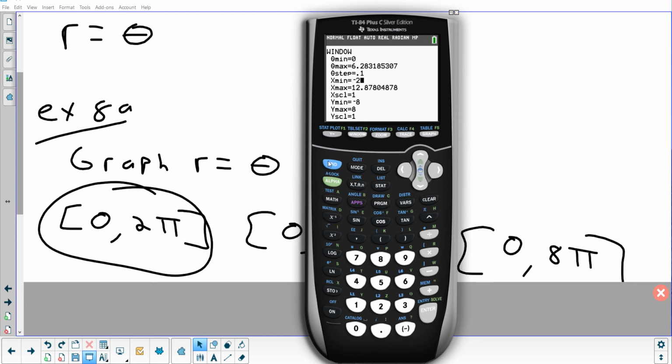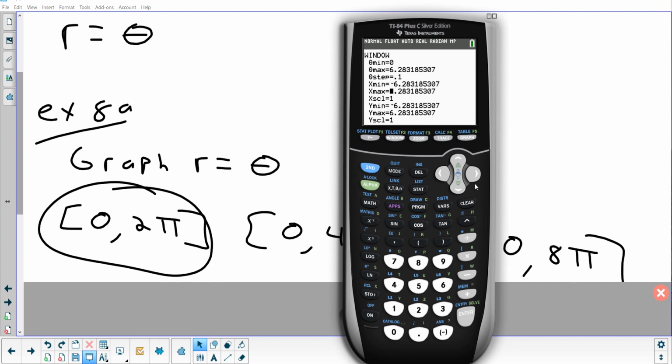So let's do negative 2 pi to 2 pi, negative 2 pi to 2 pi. I do need to set my parameters, what do they want? 0 to 2 pi on the first one. Okay, that's already set. Hit graph, and there's your spiral.